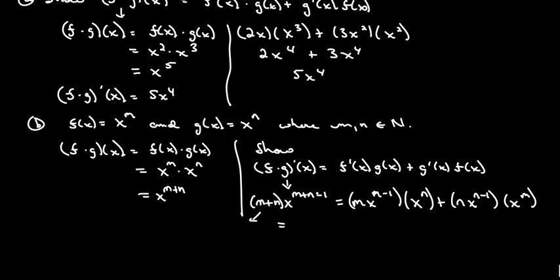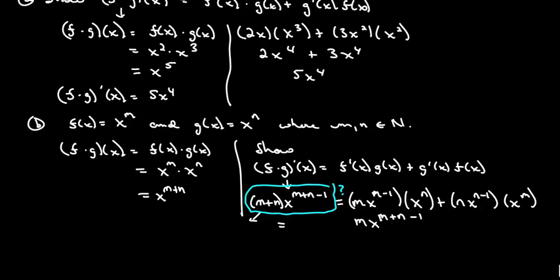Okay, so I've already got my left side. It's still a question of whether they're equal, so now I need to reduce this side over here. Well, what have I got? I've got m times x to the m plus n minus 1, because you add exponents.